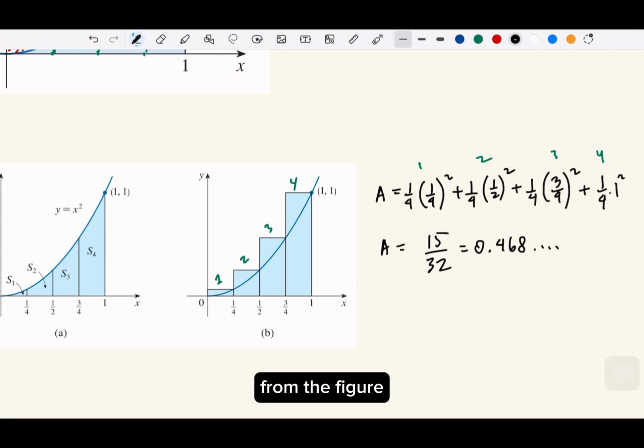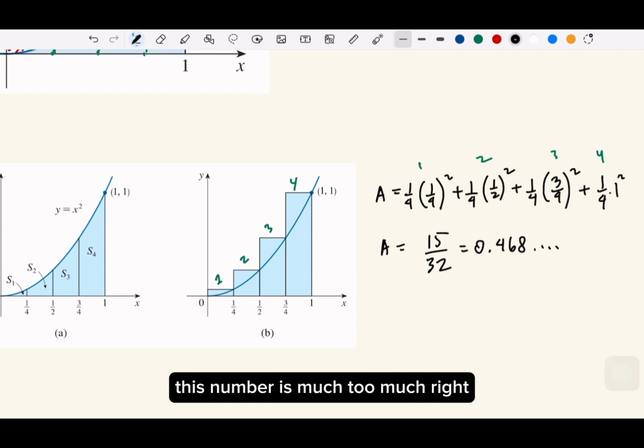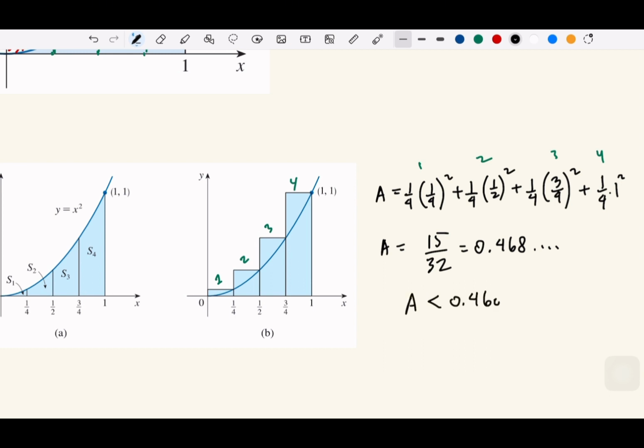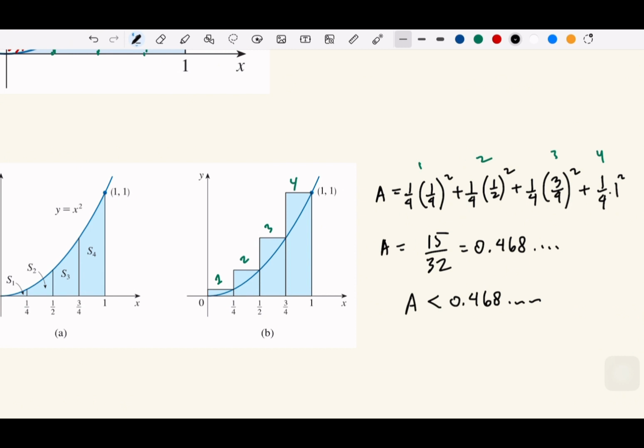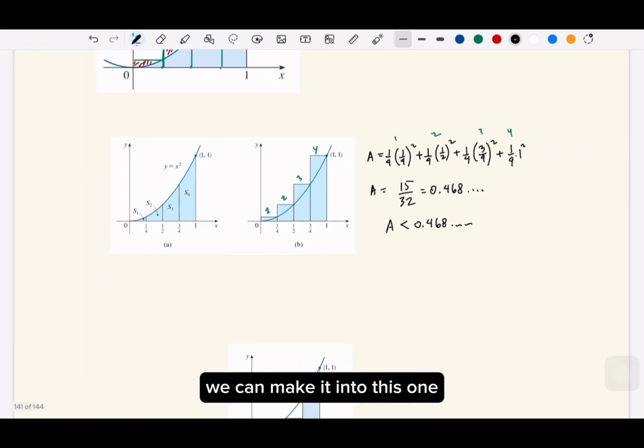From the figure, this number is too much, right? So the A should be less than this, right? But we can have another approach, okay, using similar rectangles. We can make it into this one.